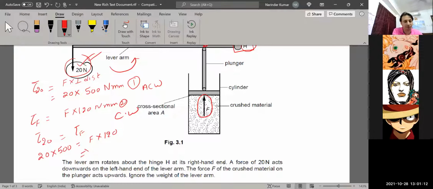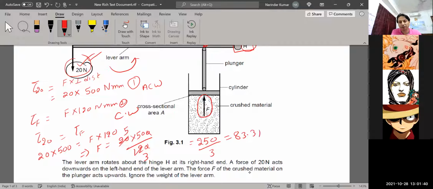This F will be equal to 20 multiplied by 500 divided by 120. 10 cancelled. 4 3s are 12, 4 5s are 20, and 50 multiplied by 5 is 250. 250 divided by 3: 3 8s are 24, 3 3s are 9, and 3 3s. So this F is coming out, children, 83.3 Newton.